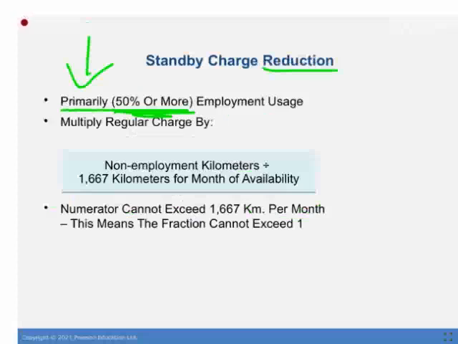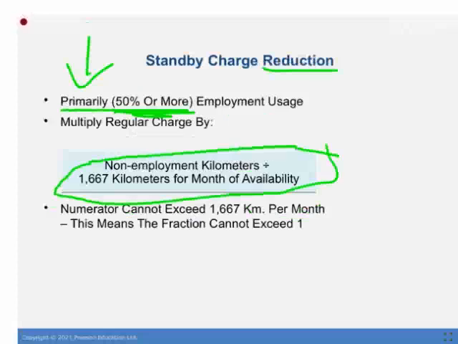We then have a standby charge reduction, if you are using the vehicle primarily, 50% or more, for employment. In that case, what we do is we simply take the regular charge and multiply it by this factor.